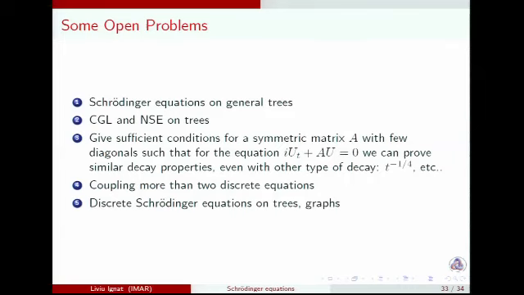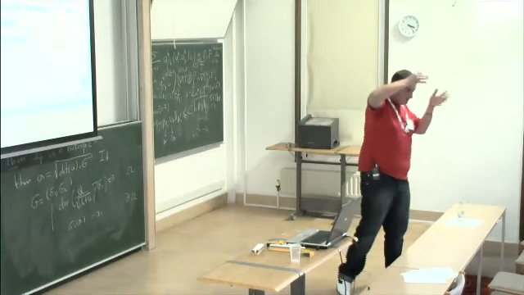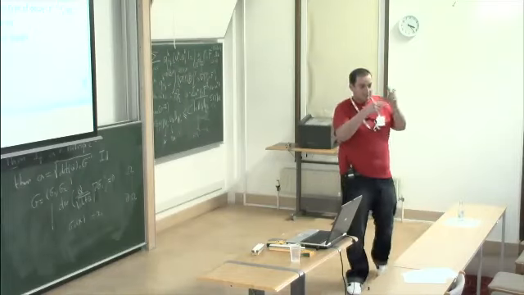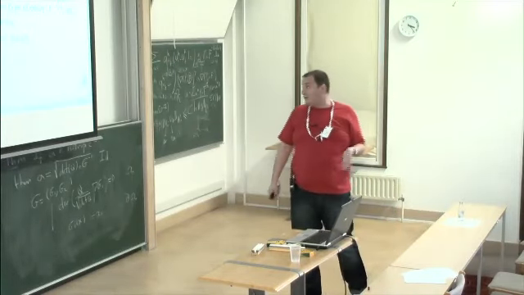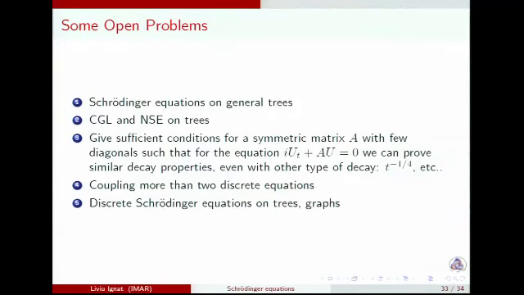Also, to give a sufficient condition for a matrix A, assuming that A has a few diagonals but is not fully diagonal, in the sense that you can have in the middle some terms which do not agree with the whole diagonal, and to obtain the decay of this system, even with another kind of decay.